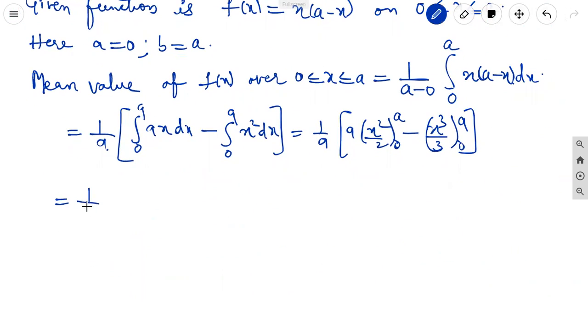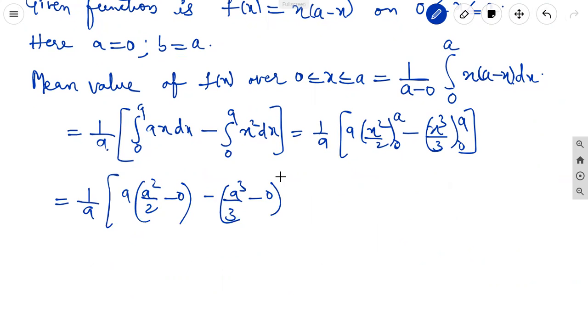It is equal to 1 by a into a squared by 2 minus 0, minus a cubed by 3 minus 0. It is equal to 1 by a into a cubed by 2 minus a cubed by 3.